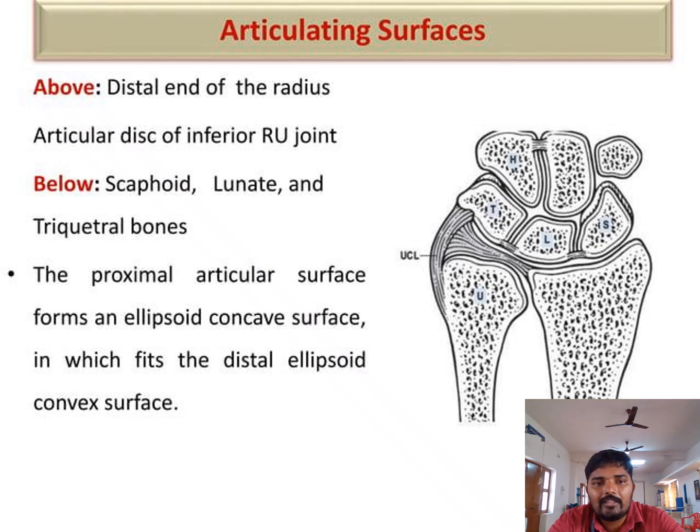Then the lower articular surfaces are of the scaphoid, lunate, and triquetral bone. The proximal articular surface forms an ellipsoid concave surface, in which fits the distal ellipsoid convex surface. This is called the articulating surface of the wrist joint.